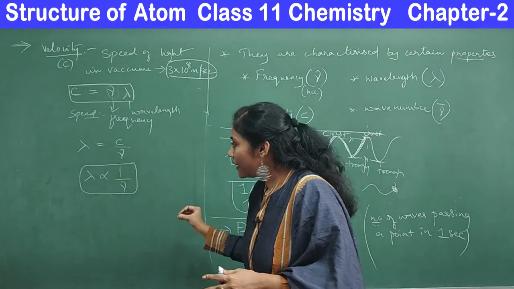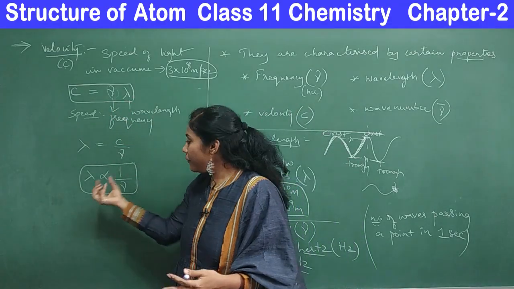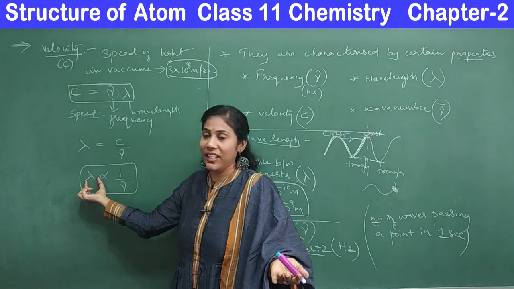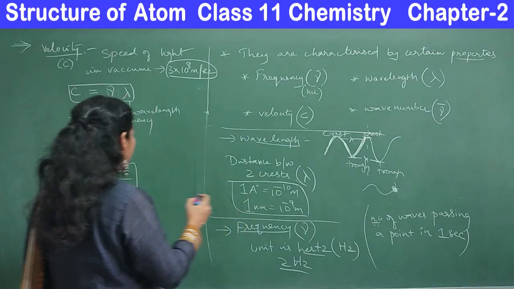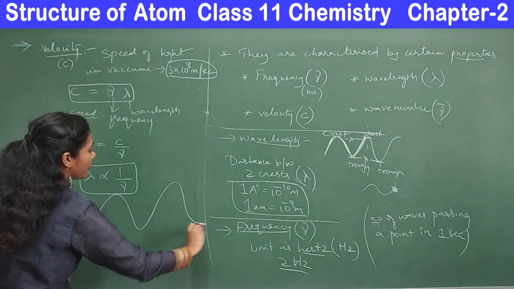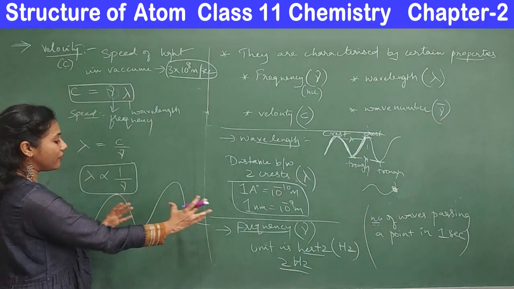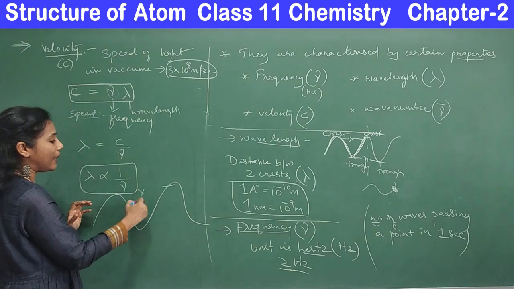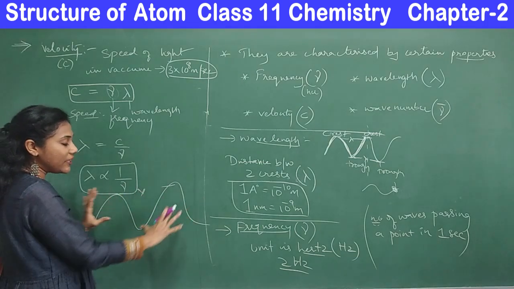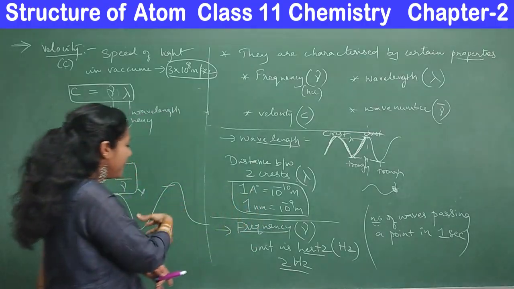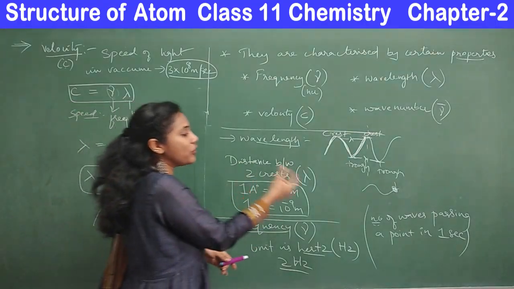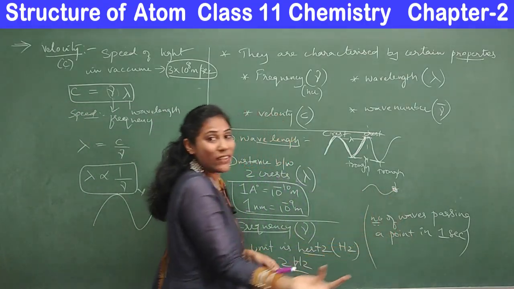For a particular radiation, if you have more wavelength, then it will have least frequency, right? Imagine if something is a bigger wave, if you have greater lambda, you will observe a bigger wave. Only a smaller number of bigger waves can cross a particular point in 1 second, right?